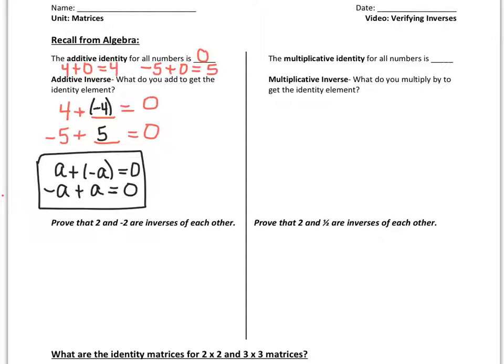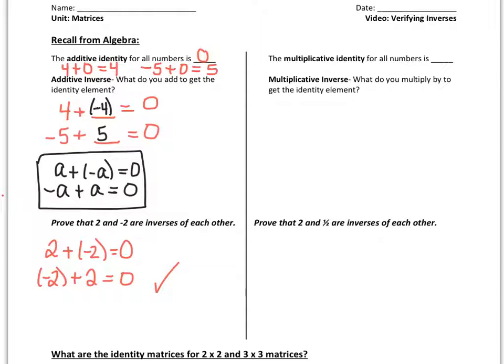But I have to show both directions. So what do I mean by that? I want to show that 2 plus -2 equals the identity element, and -2 plus 2 equals the identity element. So those two are perfect. That proves that they're inverses of each other.